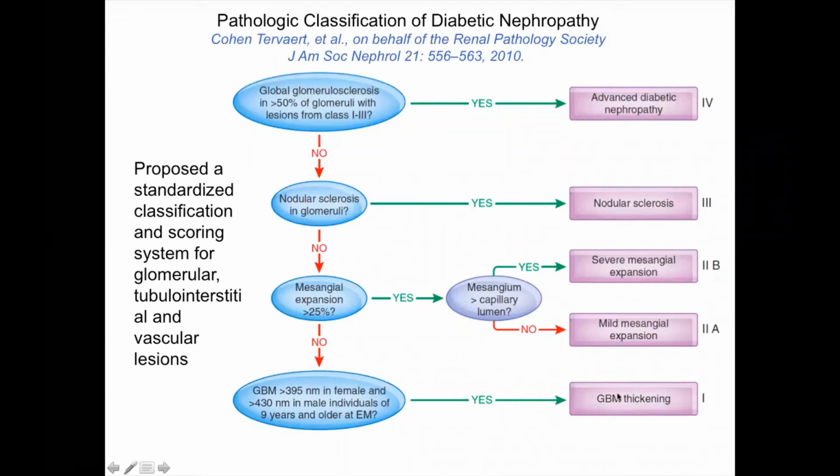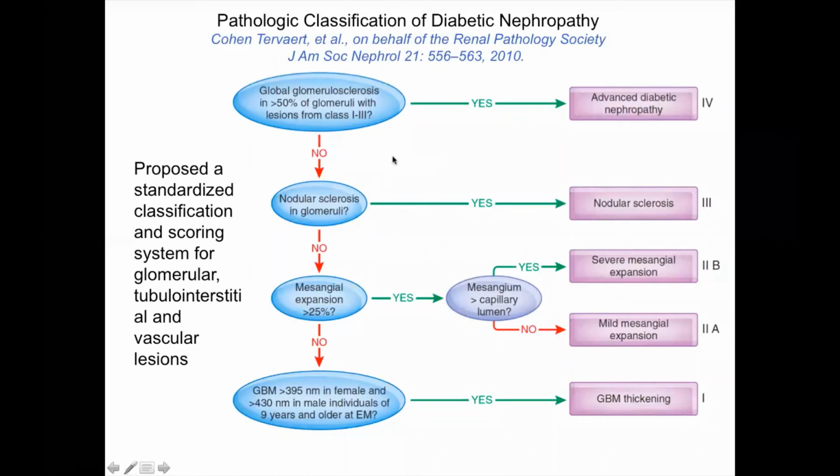If you have only glomerular basement membrane changes, this is stage 1, which is kind of like mild. If you have mild mesangial expansion, you're dealing with stage 2, and severe mesangial expansion would be 2B. If we reach nodular sclerosis with KW nodules, this is stage 3.